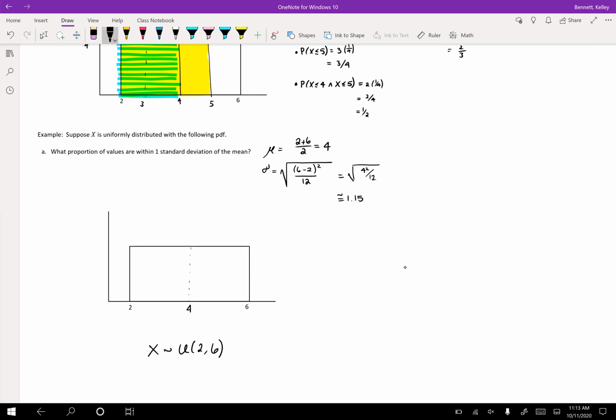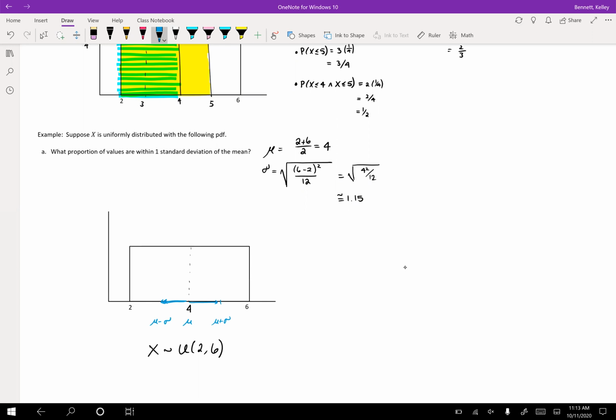So I want to know what proportion of values are within one standard deviation of the mean. So this is mu. If I go one standard deviation over, this will be mu plus sigma, right? I'm adding a standard deviation to the right. And I'm also going to add a standard deviation to the left, so that's going to be mu minus sigma.